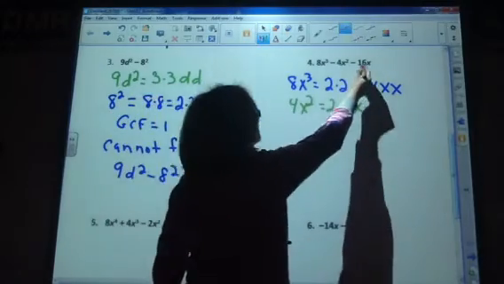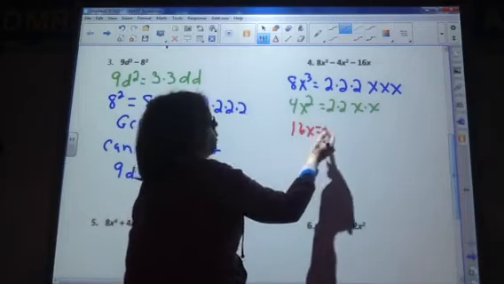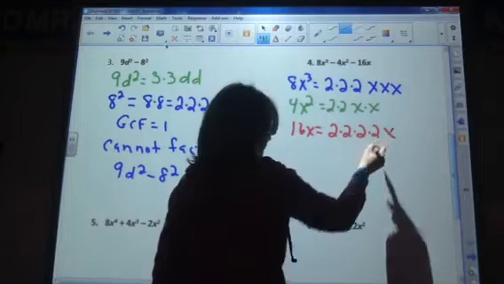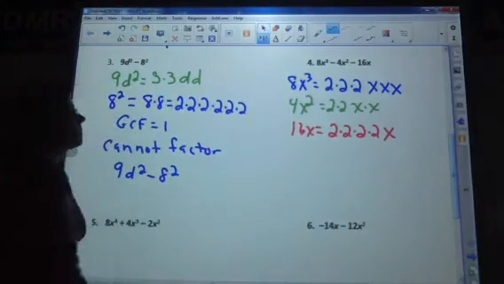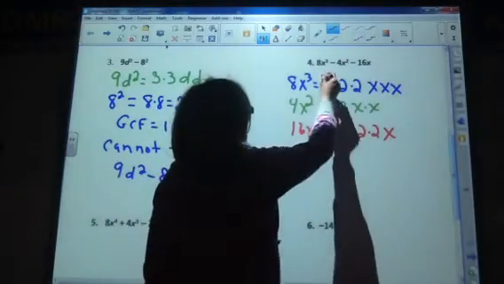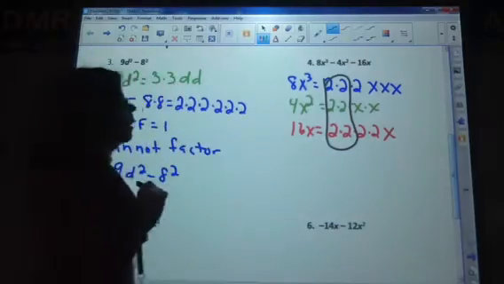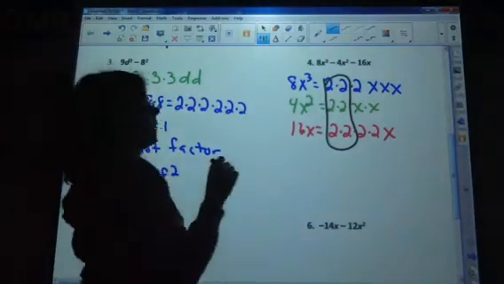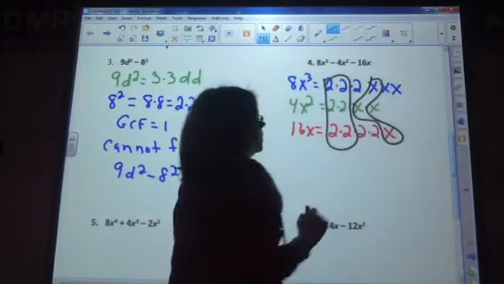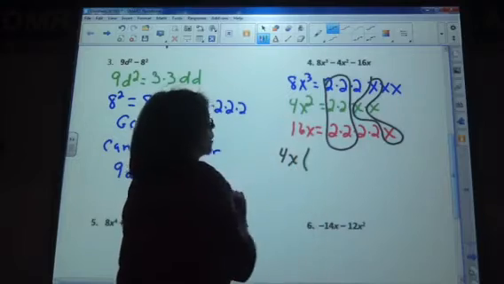And then for my last term, 16x, 4 times 4, which is 2 times 2 times 2 times 2, and then bring my x. All right, let's see. We have 4 in common, and we have 1 x in common. So let's pull out the 4x, and what do we have left?